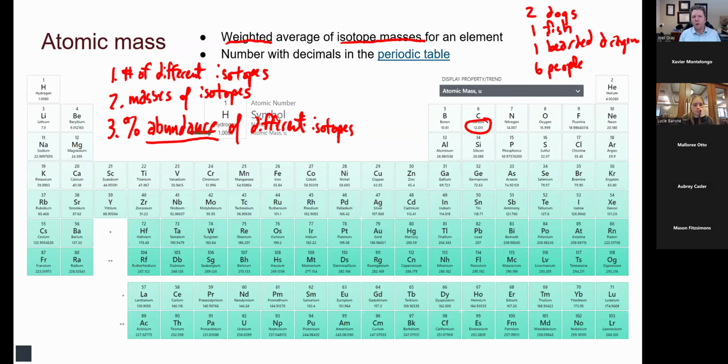So now I'm going to switch this a little bit, and I'm going to use percentages. I'm going to say that we have a sulfur atom with a mass of 30, another sulfur atom with a mass of 32, and another sulfur atom with a mass of 41. I haven't written anything about the abundances, but now I'm going to write those percent abundances.